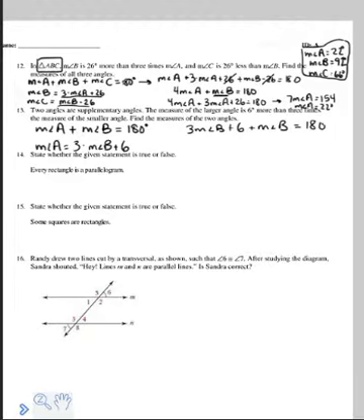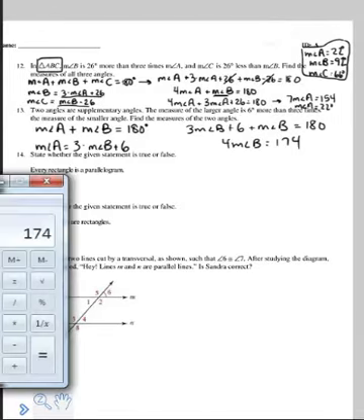is equal to 180. So 4 measures of angle B, by combining 3 measures of B plus 1 measure of B. And then if you subtract the 6 from 180, you get 174. So divide 174 by 4, you get 43.5.